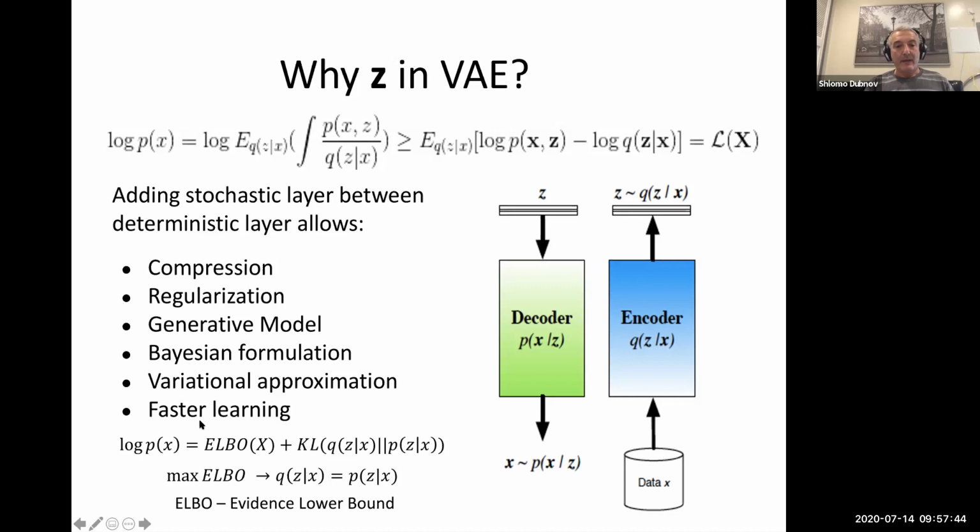So when will the ELBO be exactly the log of P? When this is 0, right? So the max ELBO happens when Q of Z given X equals exactly P of Z given X. What does that mean?